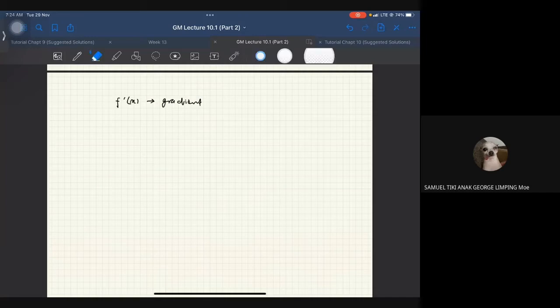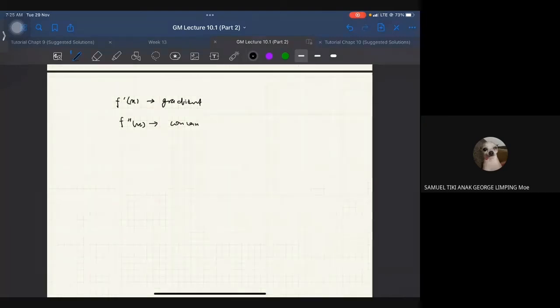Okay, kalau kita cari second derivative, okay, boleh teka tak agak-agak second derivative ni memberi nilai apa? Bagi tahu awak what value? Tak ada? Tak ada orang nak teka? Okay, so kalau first derivative bagi tahu awak pasal gradient, second derivative will tell you about the concavity. It tells you about concavity.